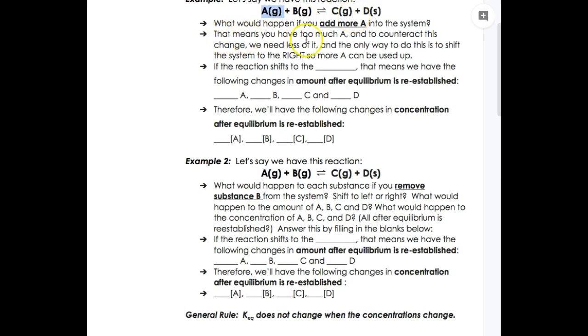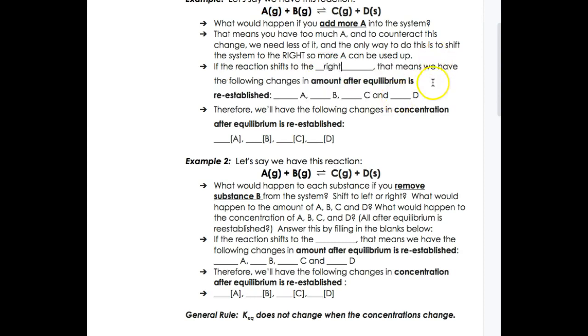So that means you have too much A, and to counteract this change, we need less of it. And the only way to do this is to shift the system to the right so more A can be used up. If the reaction shifts to the right, that means we have the following changes in amount. We initially added more A, so we're going to put an upwards arrow right here.